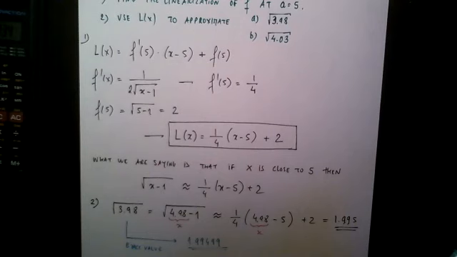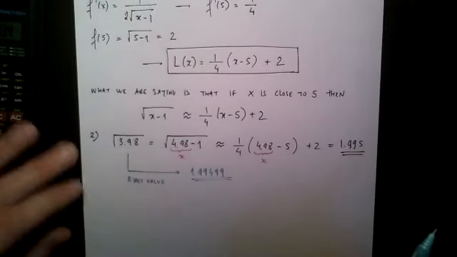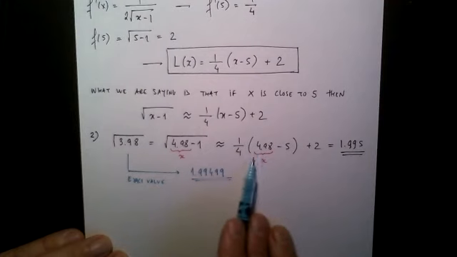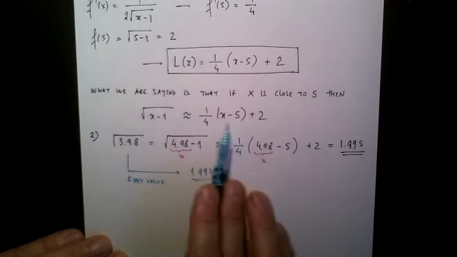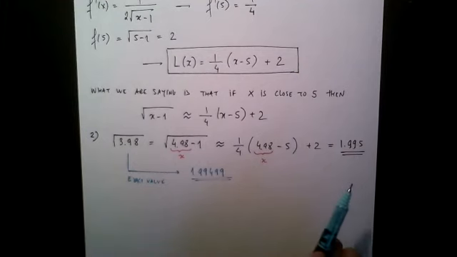Get it? Okay. So what we just did is pretty good because we used a linear function. So basically linear operations, just multiplying, adding, and dividing, to find a square root. That's not bad.